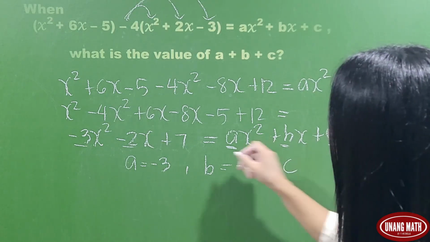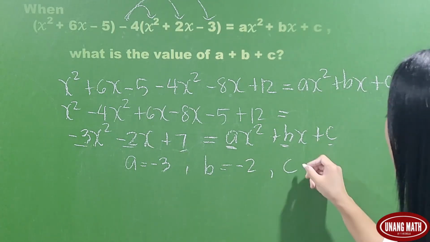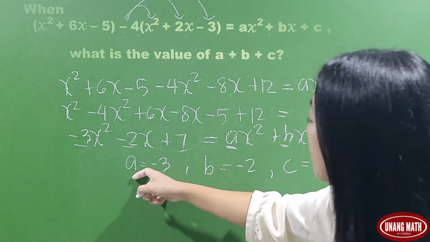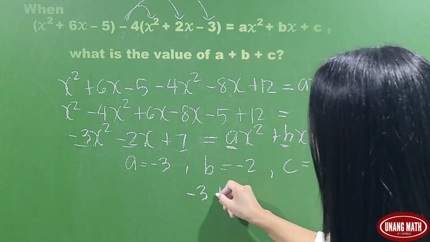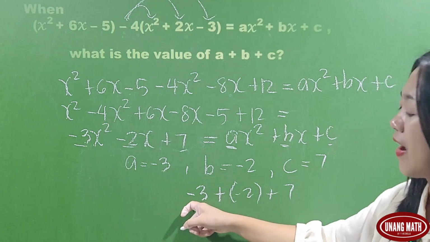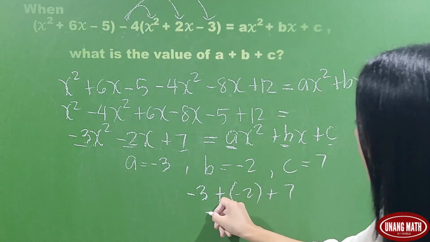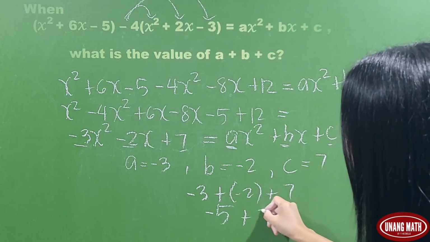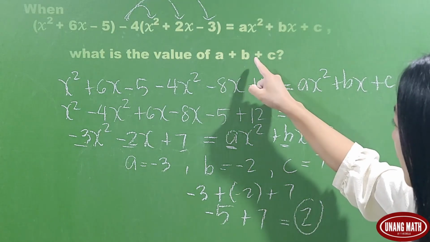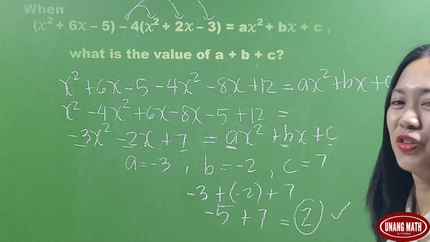And c is positive 7. So c is 7. So what is a plus b plus c? a is negative 3, plus negative 2 plus 7. Negative 3 plus negative 2 is negative 5. So negative 5 plus 7. So the value of a plus b plus c is 2.